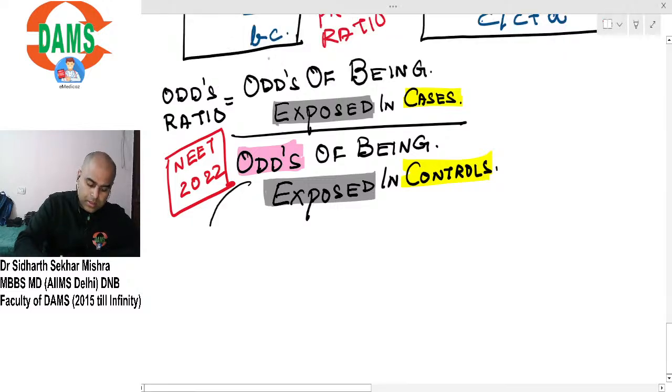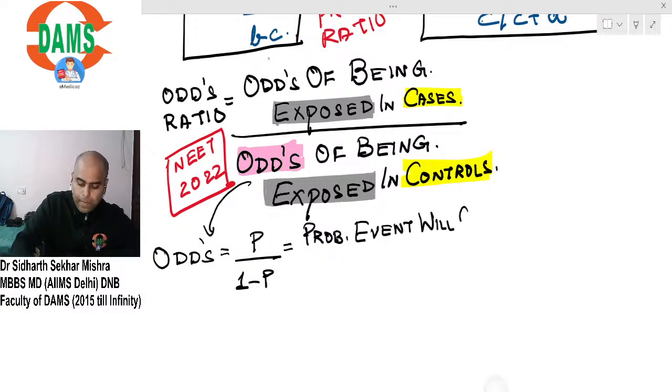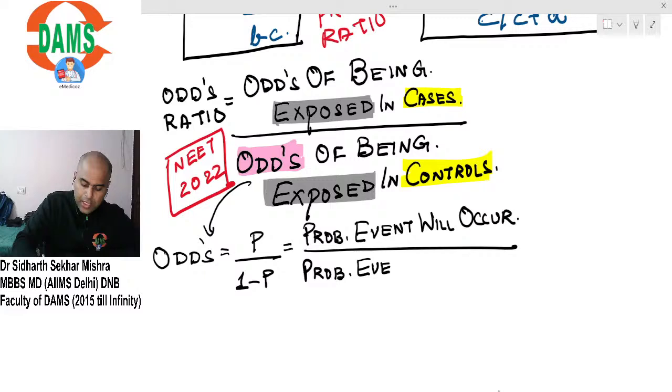Odds is P divided by 1 minus P. That is, probability event will occur divided by probability event will not occur.